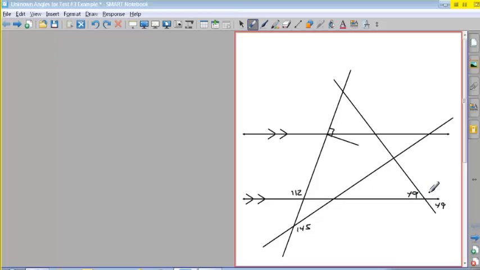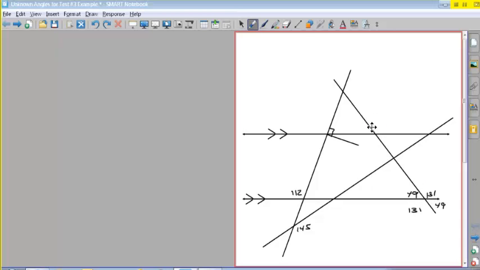And then these other ones are supplements of 49. So we'll take 180 minus 49 is 131. So these are 131. Okay, now notice these 4 angles are made up of one parallel line and a transversal.